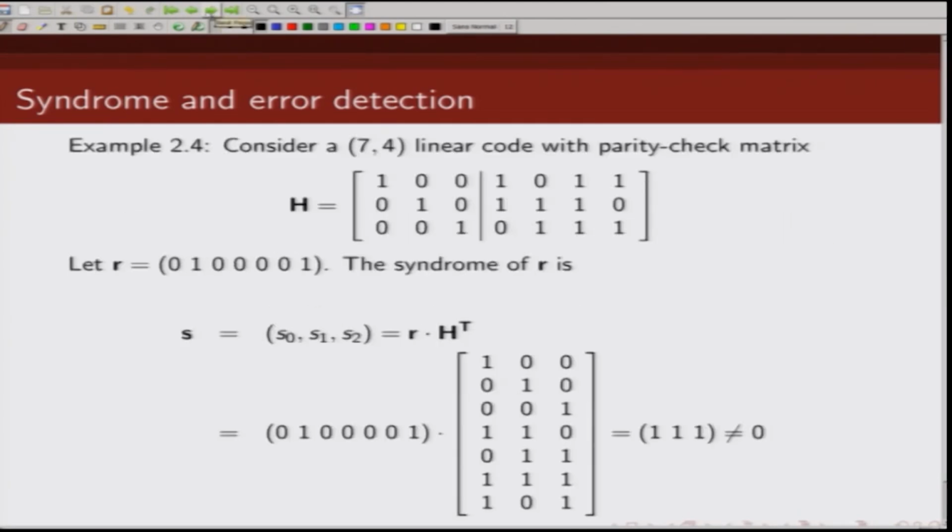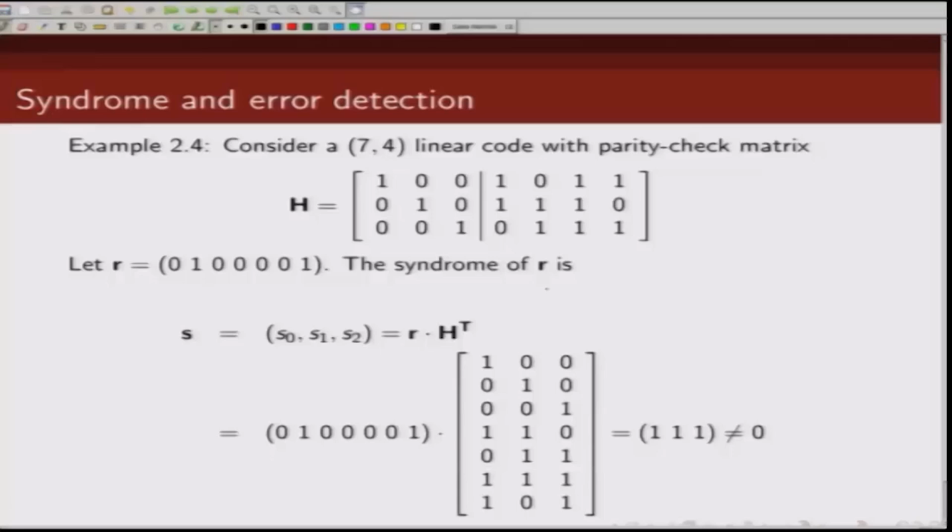So, I have an example here of a 7-4 linear block code whose parity check matrix is given by this. Now, let us say my received coded sequence is this, and I am interested in finding whether there is any error in this received sequence. So, how do I do that? First, I will compute the syndrome. So, what is the syndrome of R? The syndrome is R H transpose.